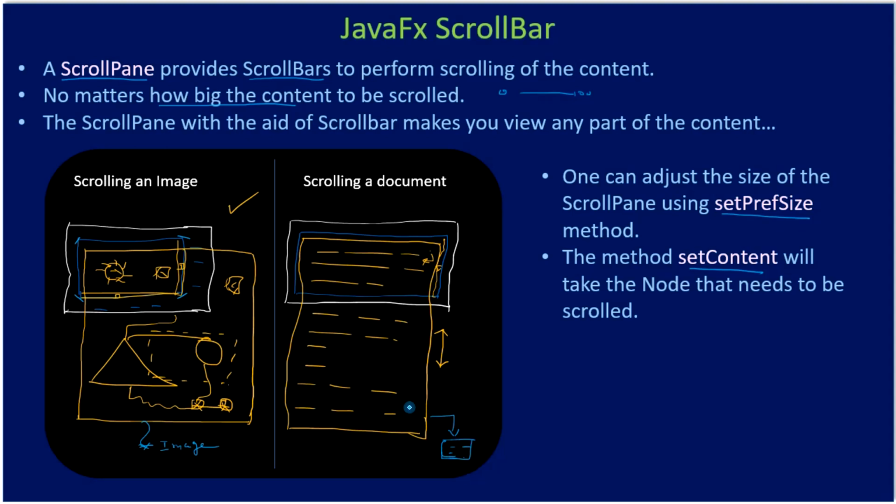So that also you can give to a scroll pane to perform scrolling, or a big form based document which contains many UI controls equipped inside a layout manager. Then that layout manager or the parent node is given to the scroll pane.